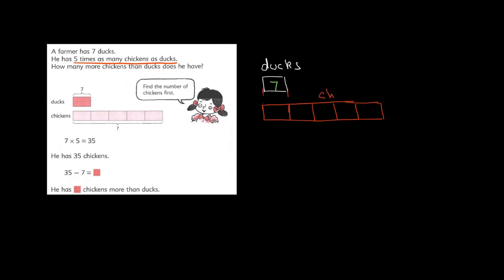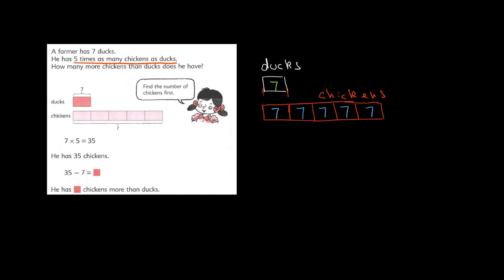These are chickens. But please note that every box is going to contain 7 of the chickens, because that's how we have drawn them. So this is going to be 7, this is going to be 7, this is going to be 7, this is going to be 7, this is going to be 7. So now we have 5 sevens, so the number of chickens is 5 times as many as the number of ducks.